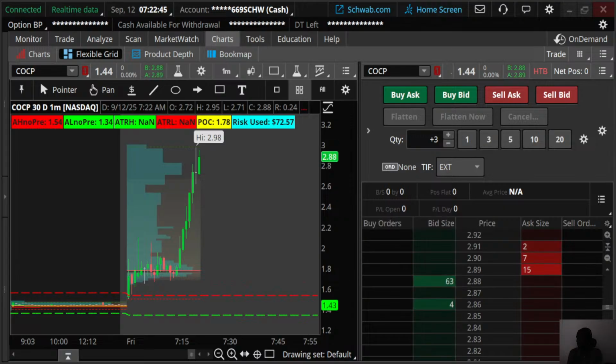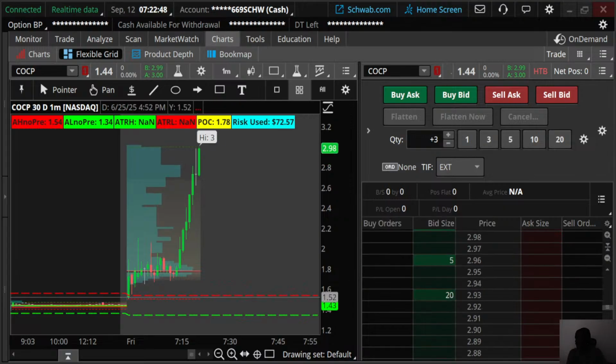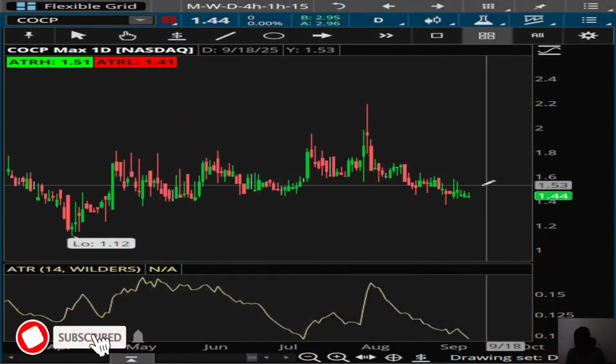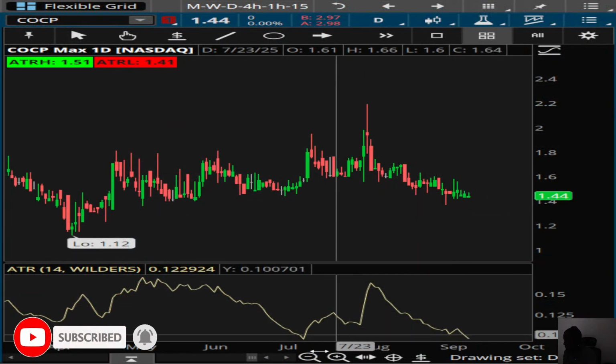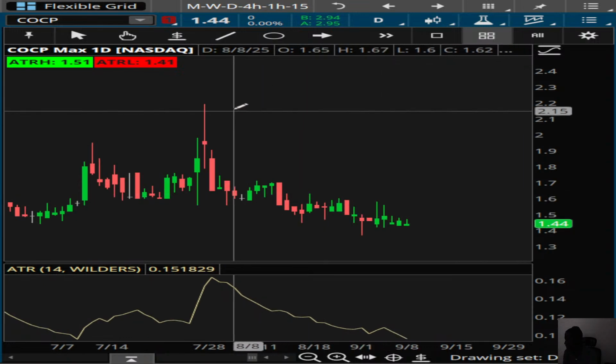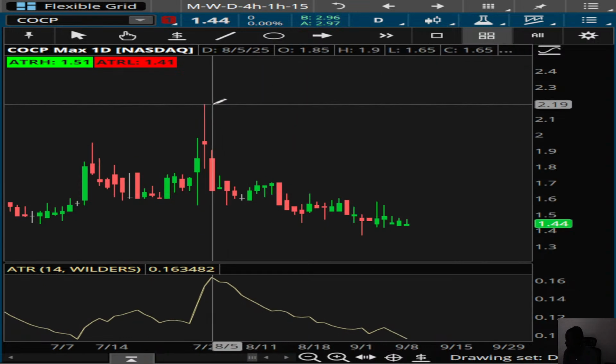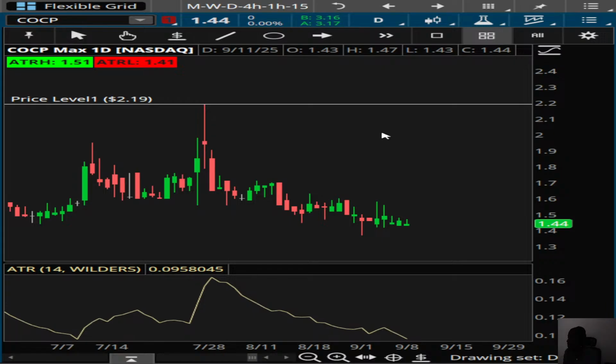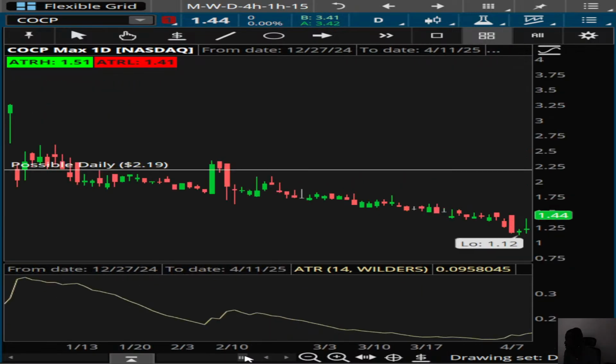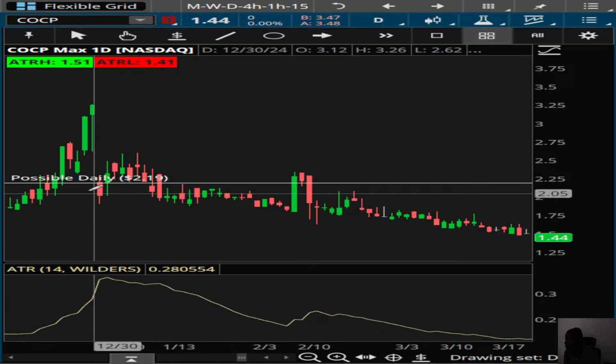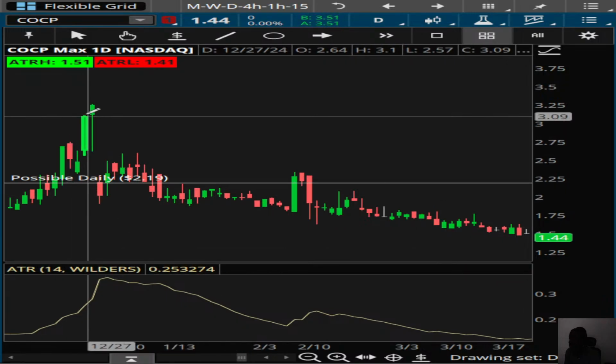Let's look at the daily chart on COCP. So it closed at 144. Had a high up here of 219, looks like. Okay, let me zoom back a little bit. It was at the 219s before. Looks like it got up to the 394s.